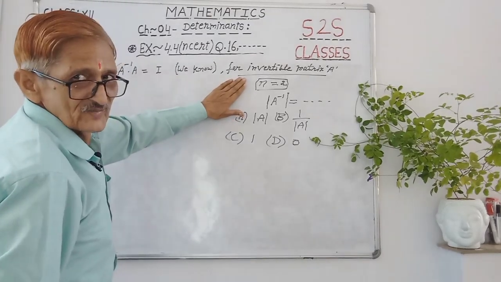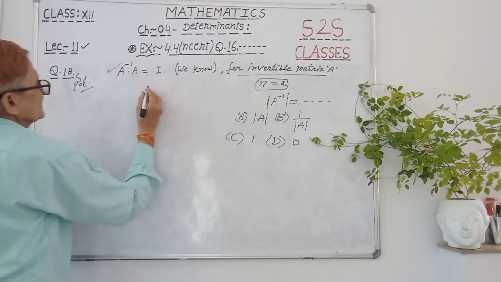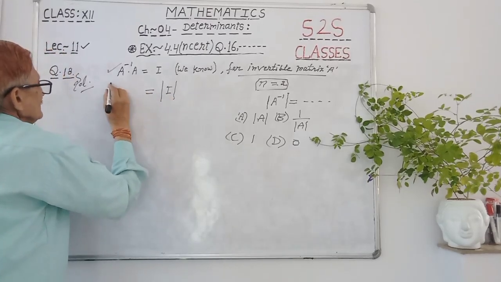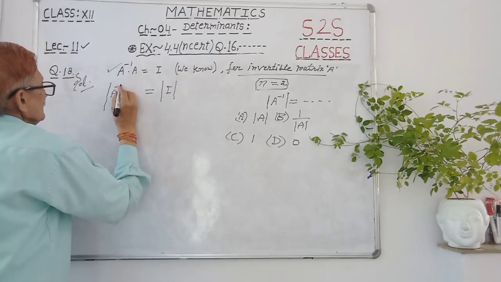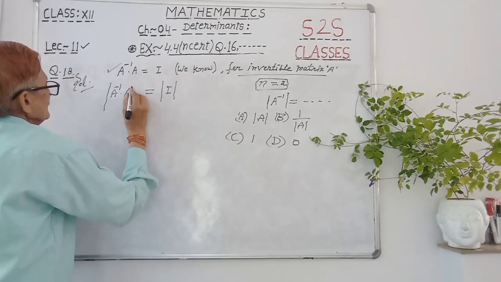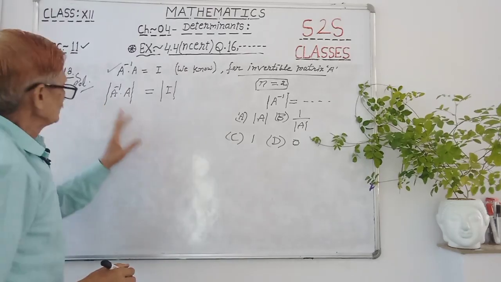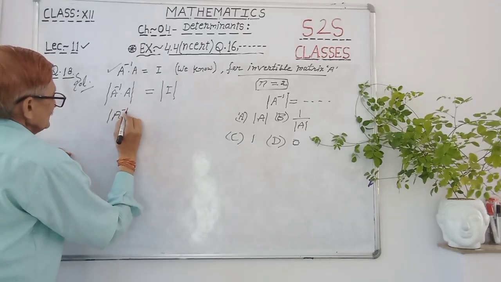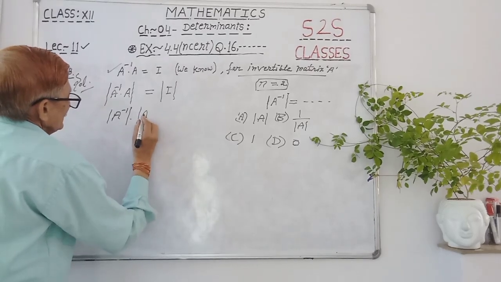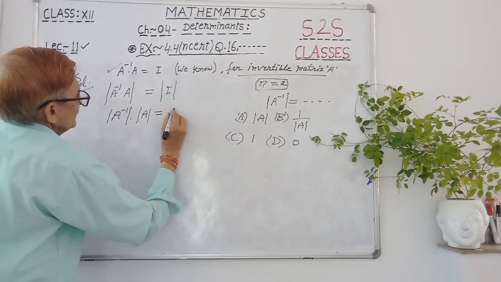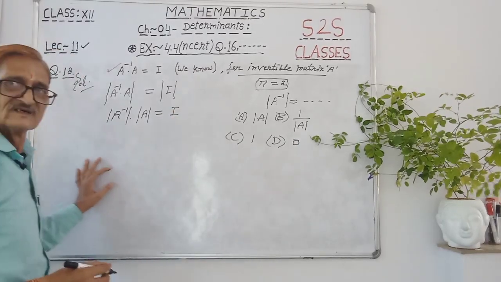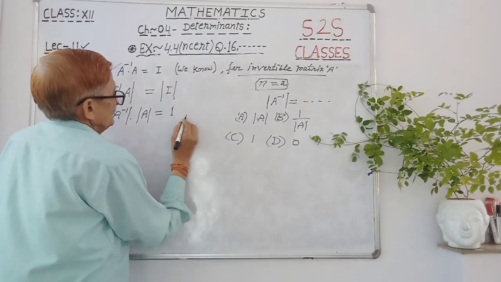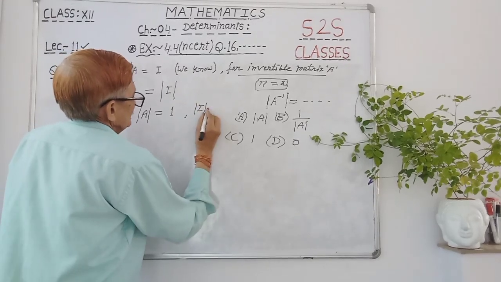For an invertible matrix, the order here is 2. Now we take determinant on both sides. Taking determinant both sides, determinant of I is equal to determinant of A inverse into A. Determinant of A into B is determinant A into determinant B, so determinant of A inverse into determinant of A is equal to determinant I, which is 1, because determinant I value is equal to 1.